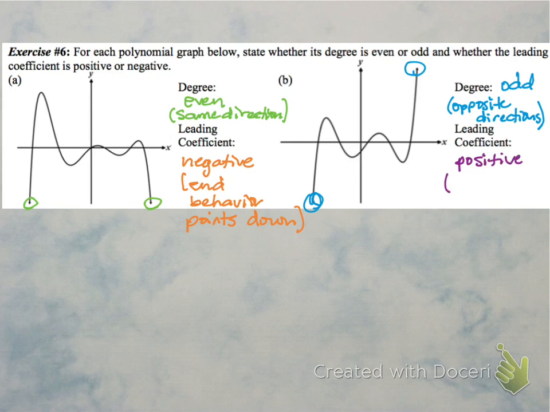You can see exercise number 3 for more information, but basically my positive is the one that's going to start at the bottom left and go up like this. My negative, when I have an odd degree, is going to start at the top left and go down. So think of it like an increase is positive and a decrease is negative. Well, that's all. Have a good day.